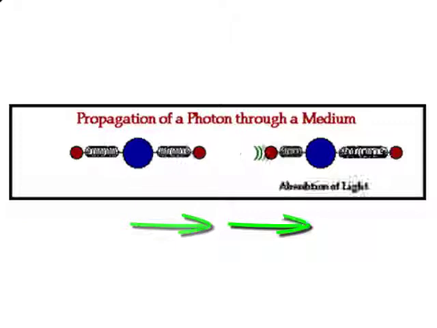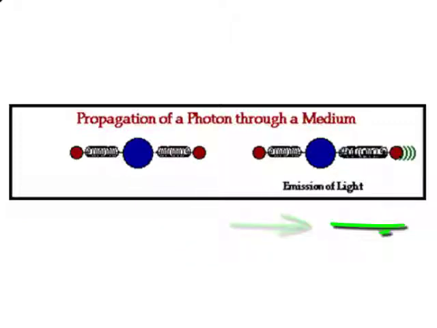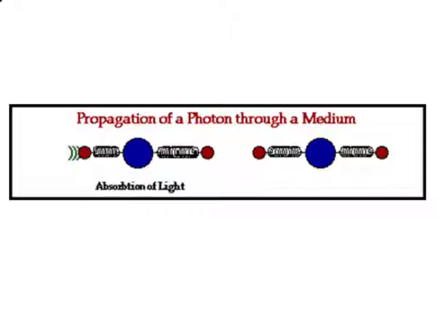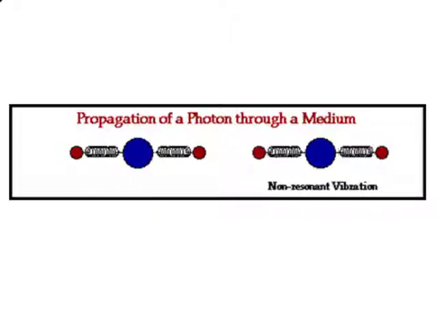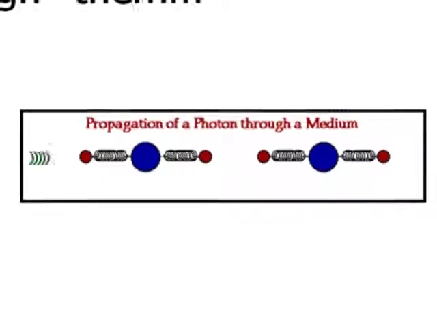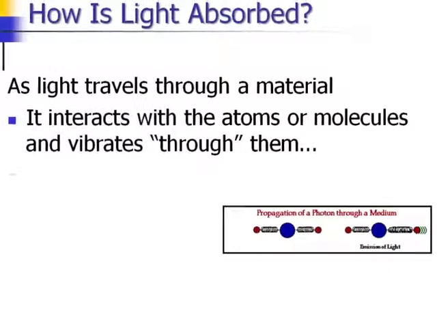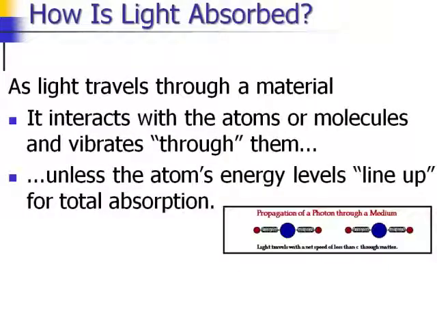And then as the atom or molecule absorbs the energy, not necessarily all of the energy is transferred through to the next atom or molecule. Some of the energy is lost in absorption. So not all the light that travels from atom to atom is the same amount. So the absorption process is taking place.